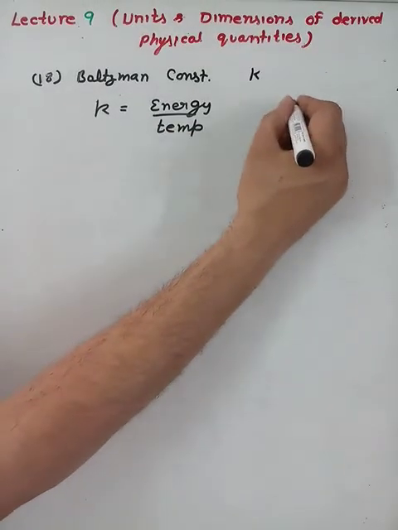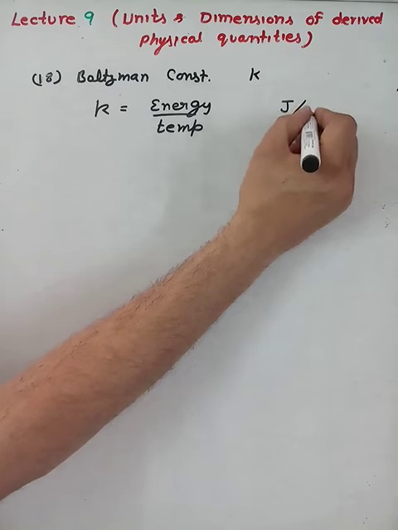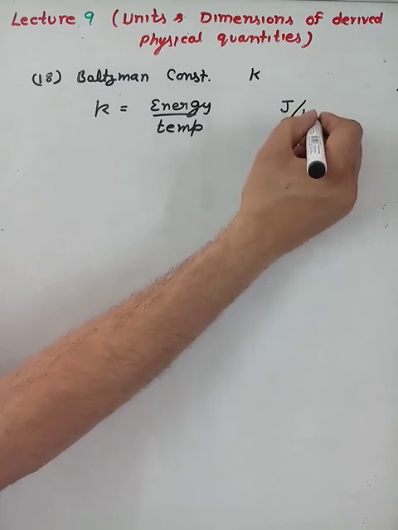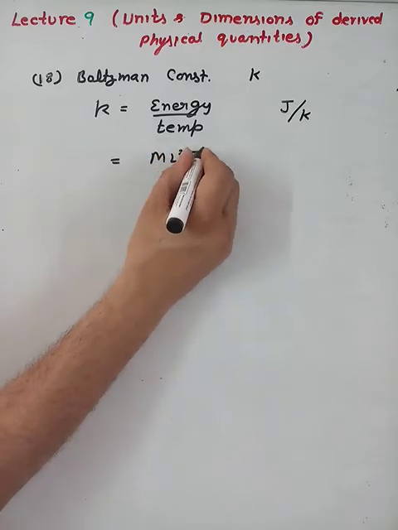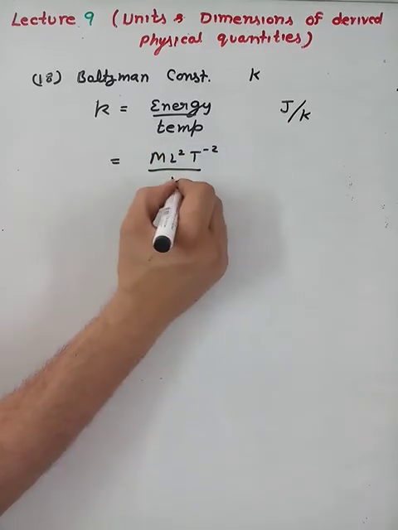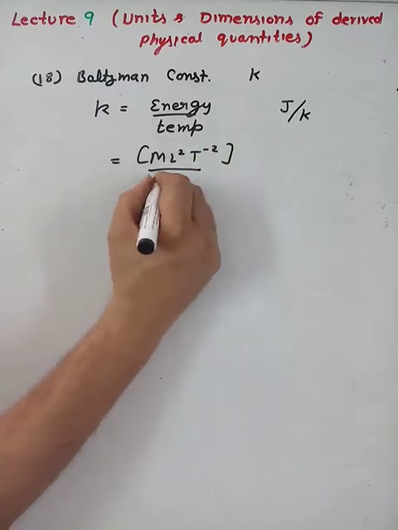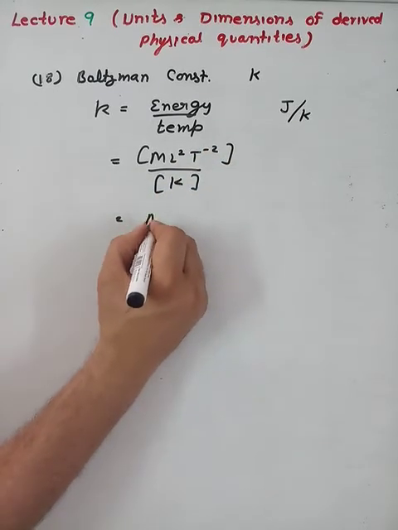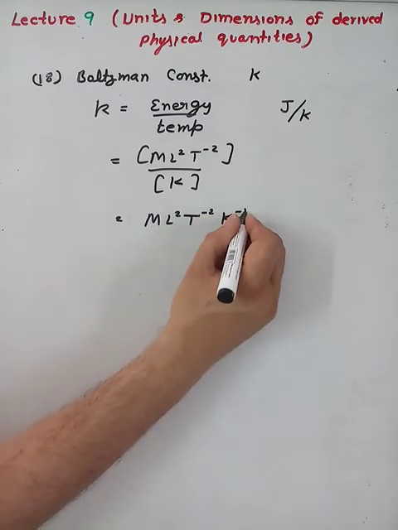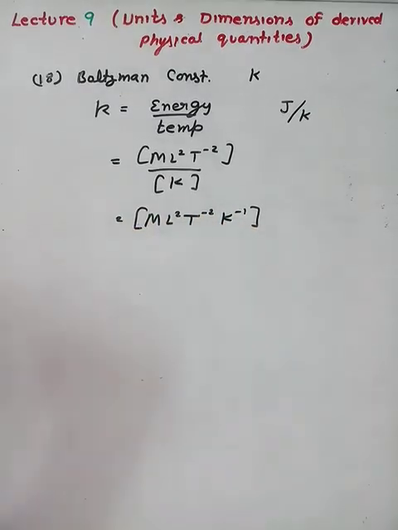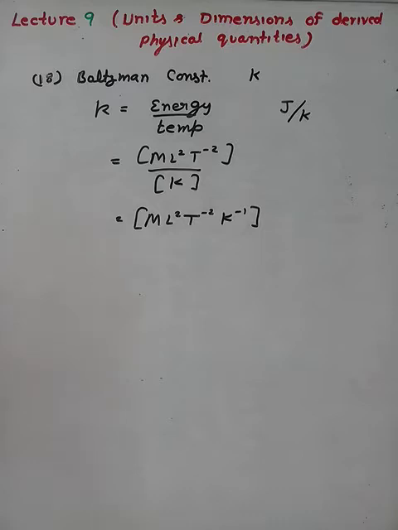Now energy is joule, so the unit is joule per Kelvin. Joule has dimension ML2 T minus 2, Kelvin is K. Therefore we get ML2 T minus 2 K minus 1. This is the dimension of the Boltzmann constant.